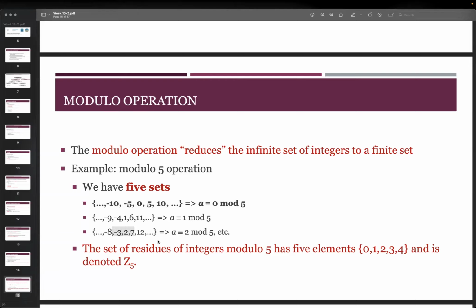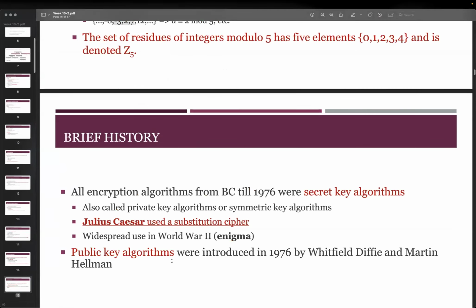You see a pattern here: the set modulo 5 has 5 elements, 0 to 4, which we denote Z5.